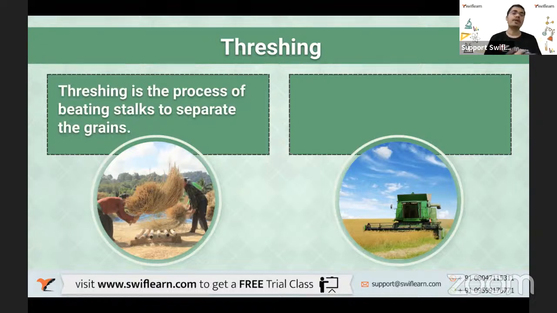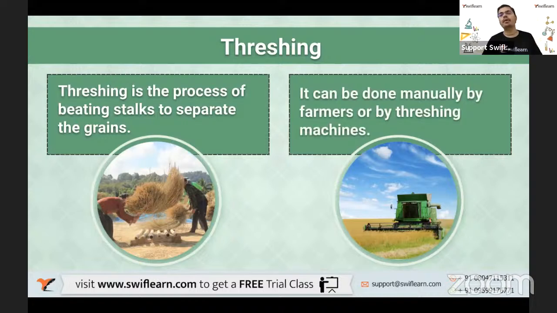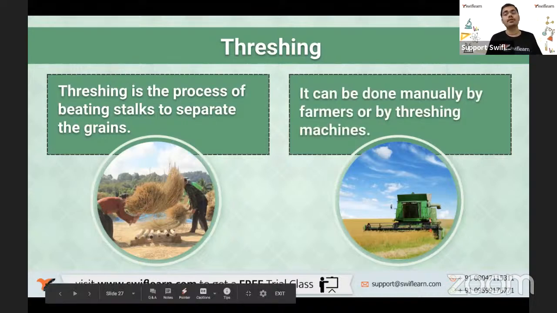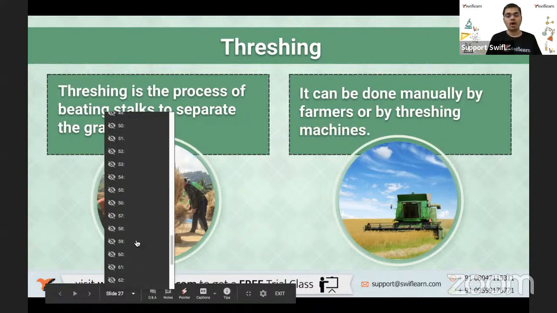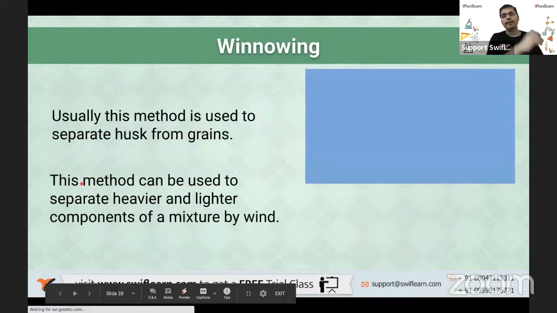If you want to separate the grains from stalks, we use the process of threshing. It can be done manually by farmers or by threshing machines. So this is called a threshing machine. With the help of a threshing machine, you can separate it out, right? Or by hand also. That's not a problem, right?